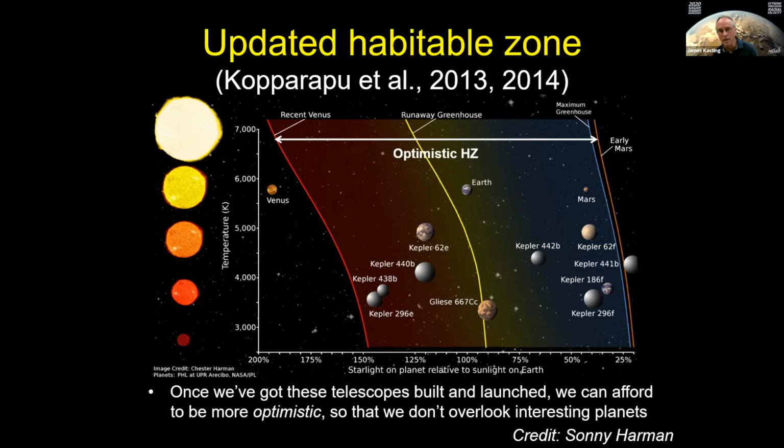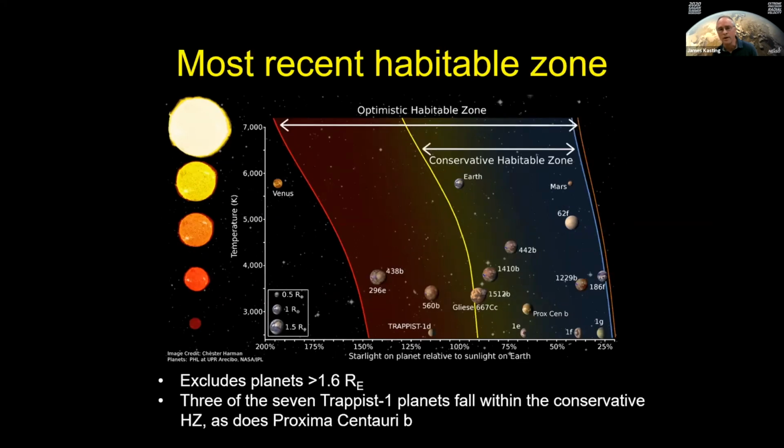The most recent version of this habitable zone plot, I should mention that these pretty plots are done by my former graduate student, Sonny Harmon, who's now out at NASA Ames, an accomplished graphics artist. What Sonny has done in this plot, which is a year or two old but pretty up to date, is remove all the planets greater than 1.6 Earth radii.